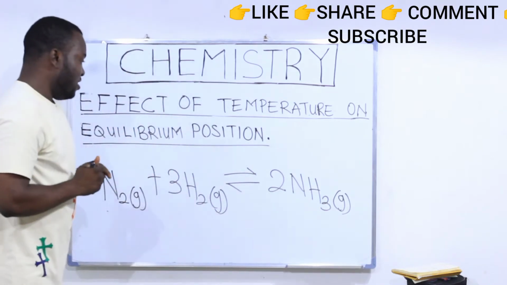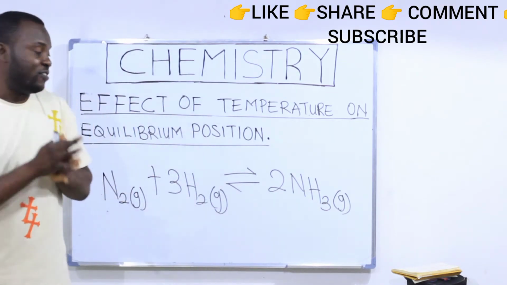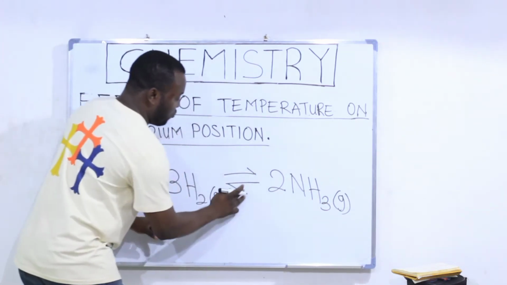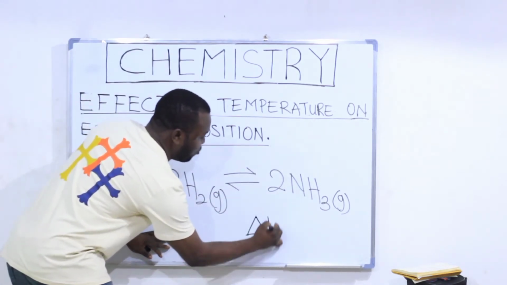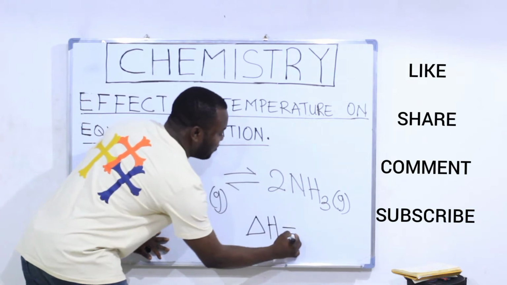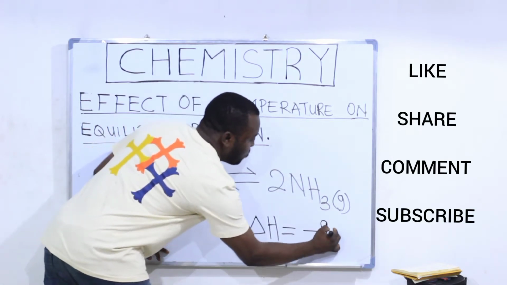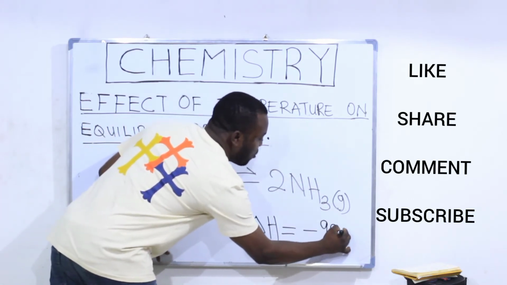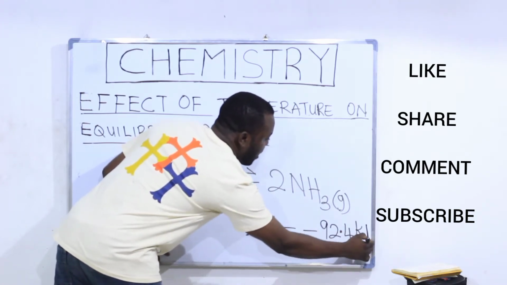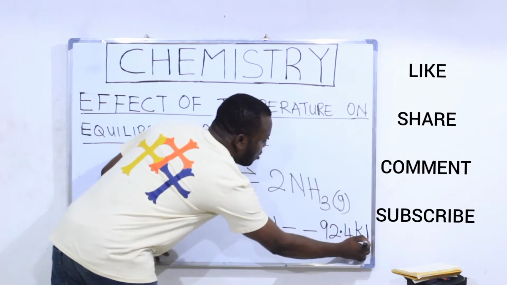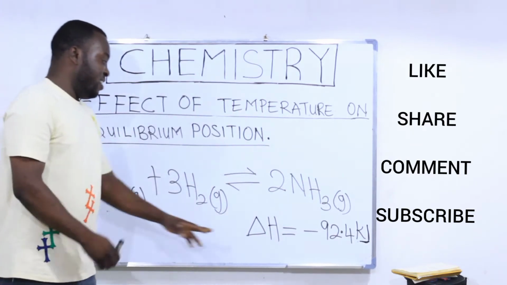Here is the equation for the reaction given to us. And from the question, we are told that the enthalpy change of the reaction is equal to minus 92.4 kilojoule. That is the enthalpy change.